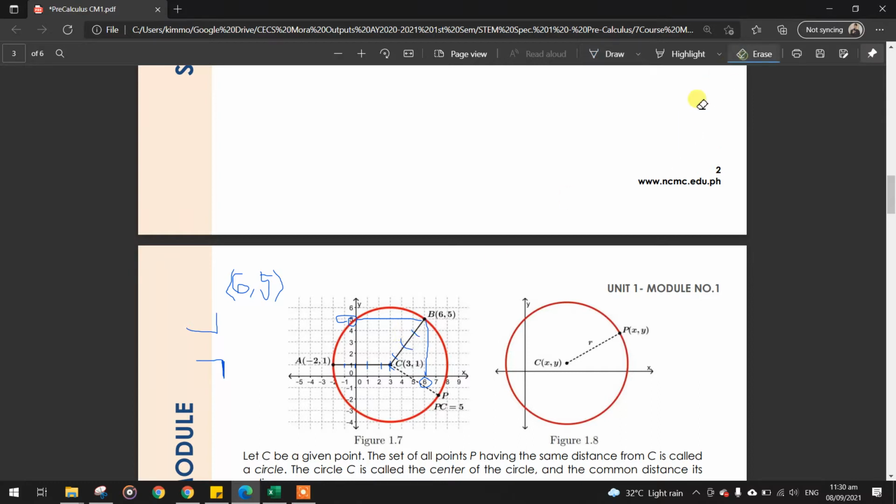So to find the distance from B to C, we are going to use the distance formula. So what is the distance formula?